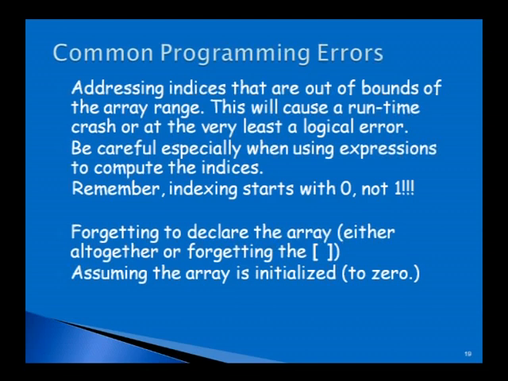So, while such expressions are used as indices, care must be taken. And always remember that indexing will start with 0 and not 1. So, array allocation, either single dimensional or two dimensional, always starts with 0 in case of 1D and 0, 0 in case of 2D.